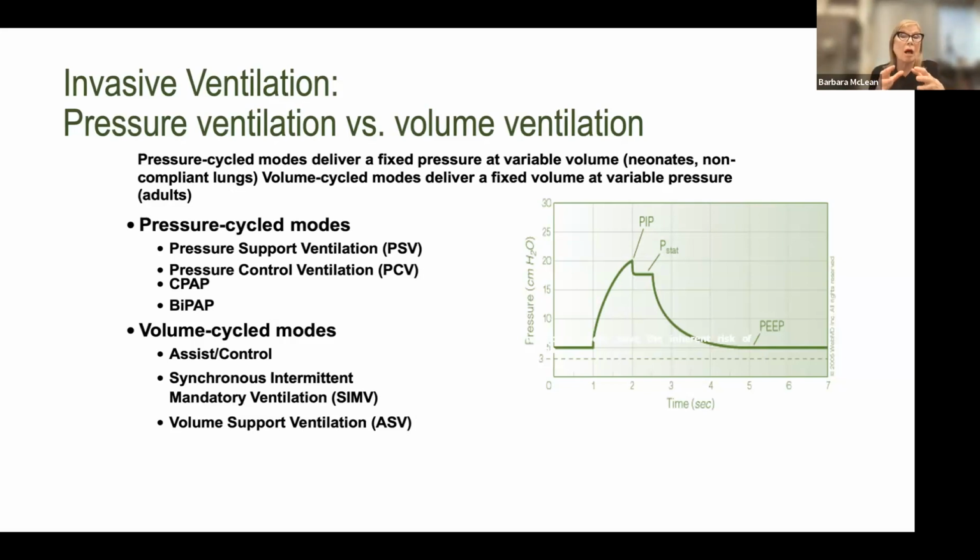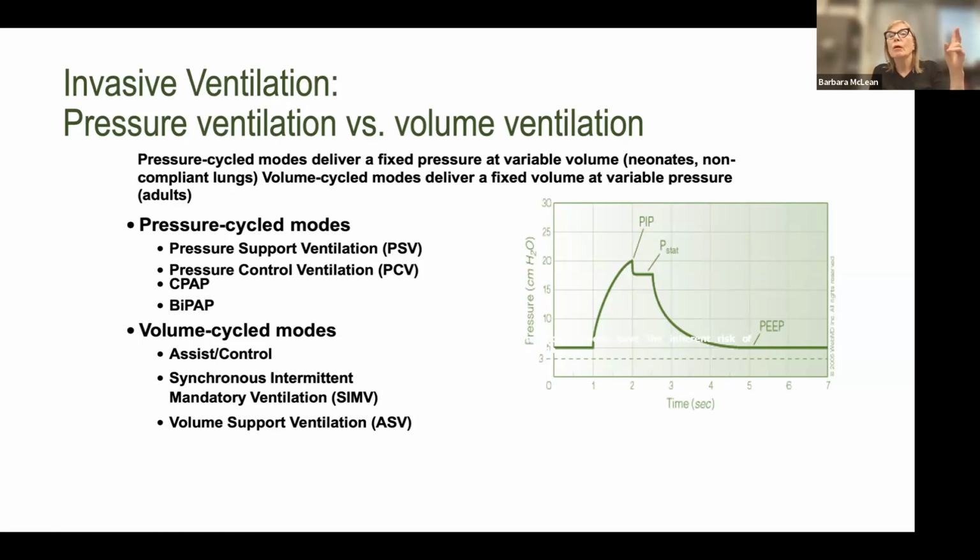That's because in the non-compliant lung, the ventilator will force that volume into the lung regardless of the pressure, and that aggressive pressure target can actually cause very significant lung damage. So again, really thinking about the things in basic ventilation. What is your mode?